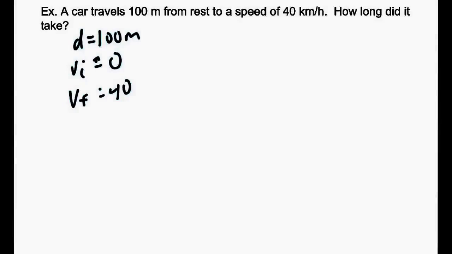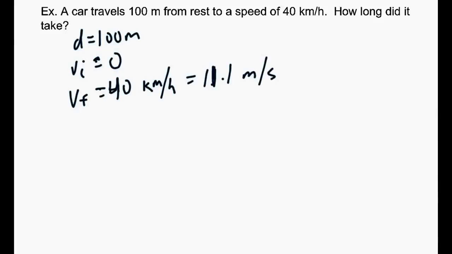But remember, that's in kilometers per hour, so we want to change that to meters per second. So on your calculator, divide by 3.6. And we get 11.111 repeating. So make sure you keep all those decimals when you do your calculation so that it's as accurate as it can be.